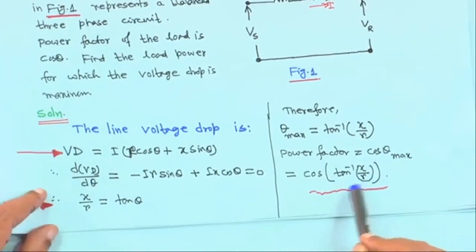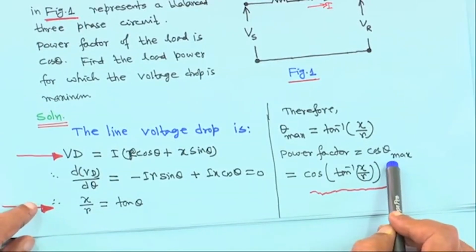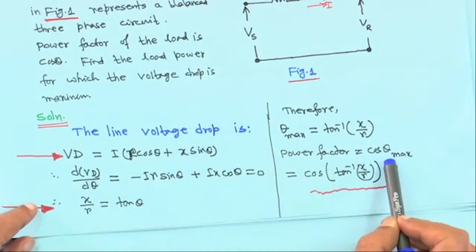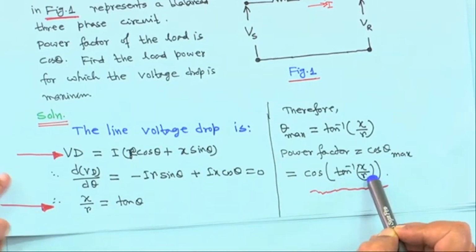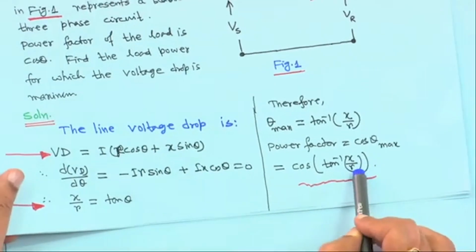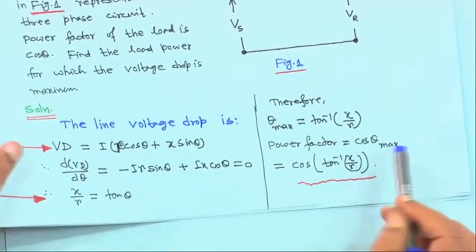This means that if the power factor angle of the load is the same as the impedance angle, then the voltage drop will be maximum.